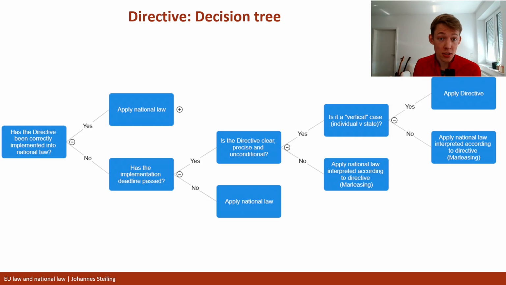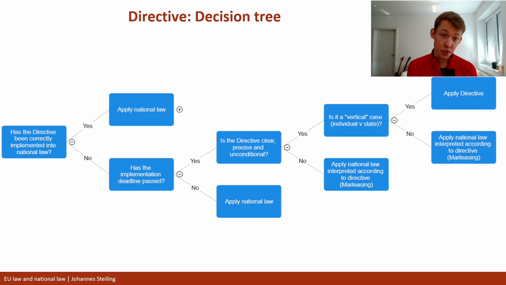But if this is not possible, like we can't interpret the national law in a way that I win the case, like according to the directive, then we stop. We don't disapply national law in this case against another private individual. So I lose my case. Now I lost my case. What can I do? Well, you might remember Francovich.